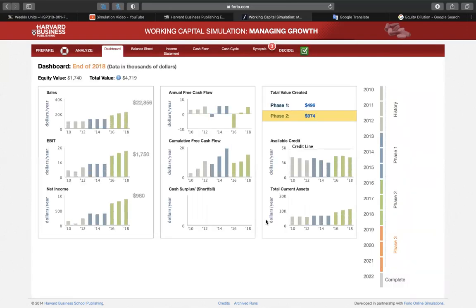And in this phase, we are really good. We have 974 total value created. You can see we raised the whole total value to $4,719,000.